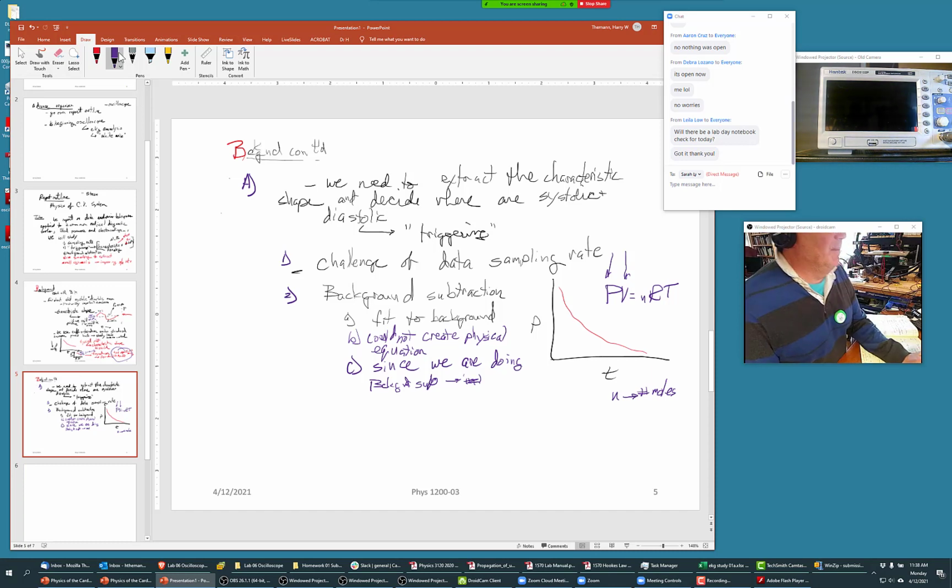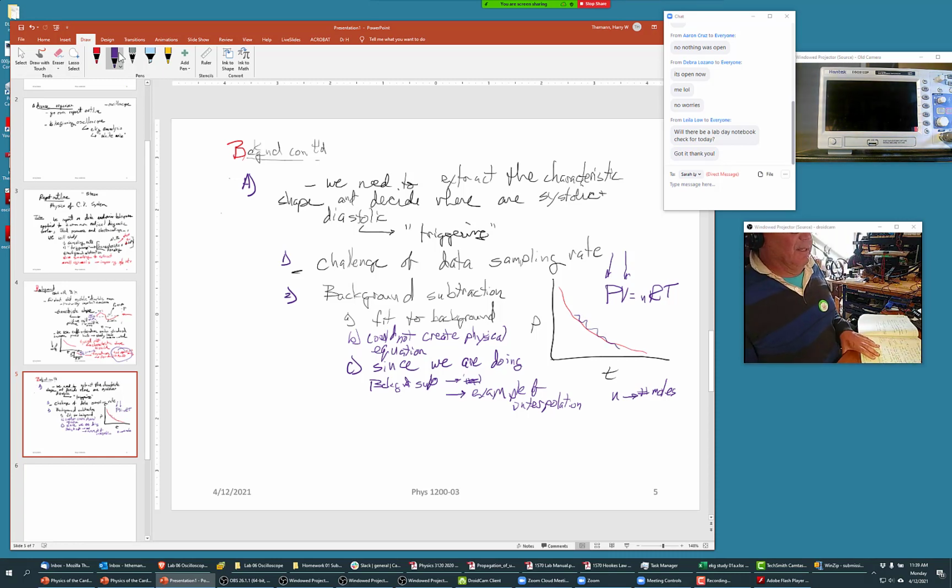A background subtraction is an example of an interpolation. And remember, interpolation is just for filling in gaps, for example. So we're trying to fill in the background under these wiggles. We know there's a background, and we want to fill that in.